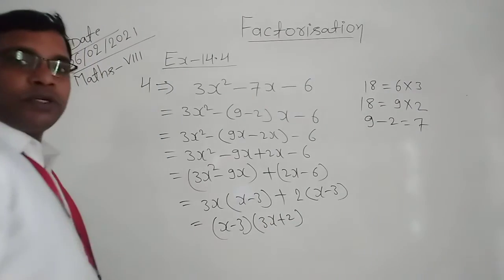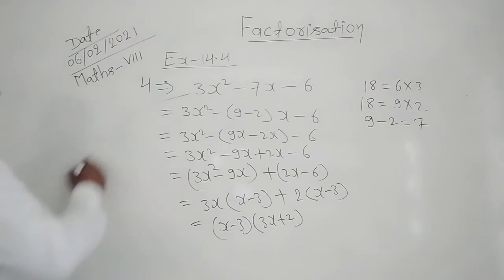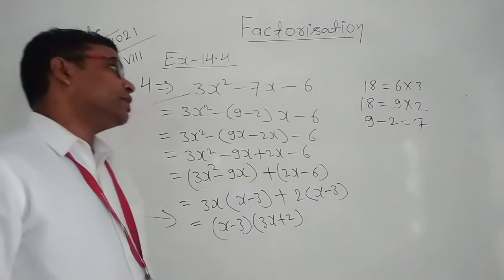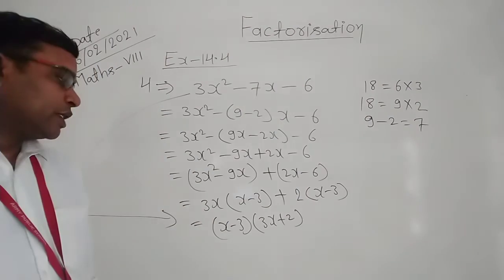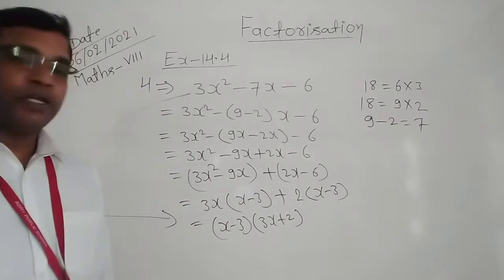This is clear. So student, you can see the factorization of 3x square minus 7x minus 6 is equal to x minus 3 into 3x plus 2.